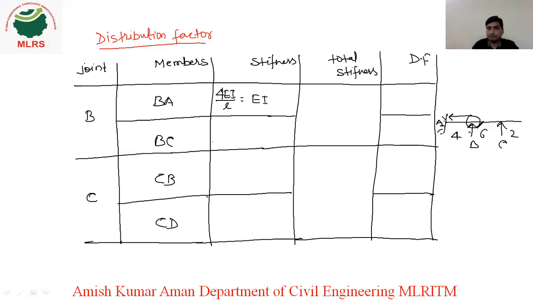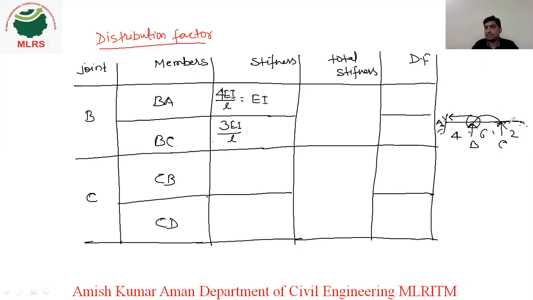For BC, now you are seeing BC. If you are seeing BC, you will say, sir, it is continuous. Yes, the beam is continuous. But this is your last end. After that, there is no support. So last end is hinged. So for this, we will apply the formula 3EI upon L. We need to observe this also, because after that there is no support.